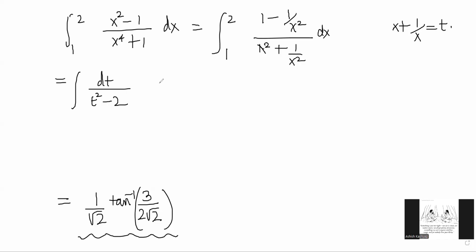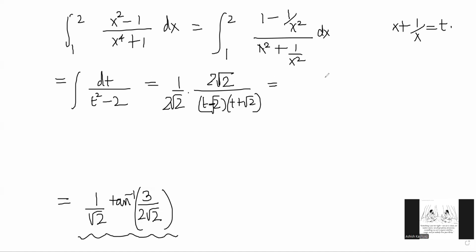So t square minus 2 is going to be t minus root 2 times t plus root 2. And on top you have a 1. The difference between t plus root 2 and t minus root 2 is 2 root 2. So I can put a 2 root 2 on top and divide by a 2 root 2.